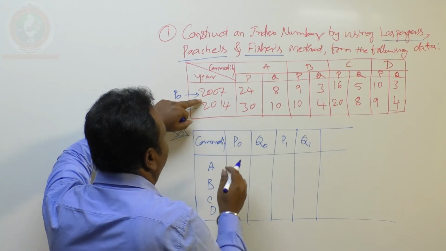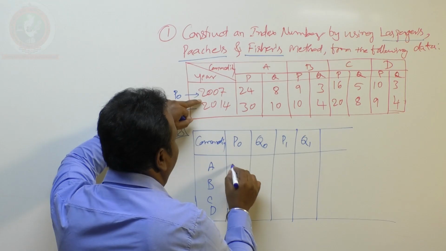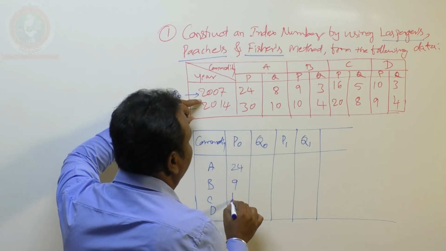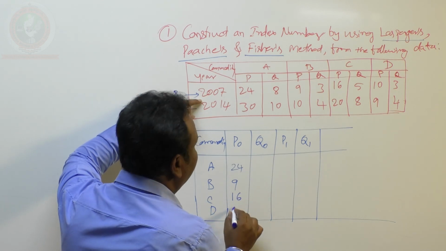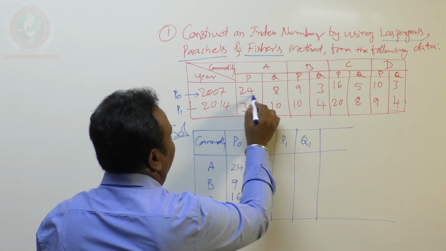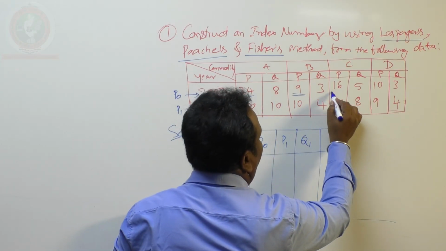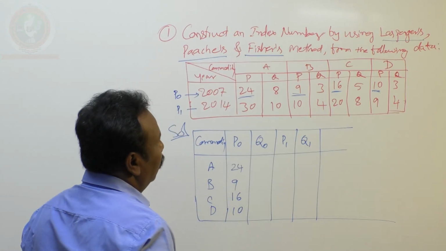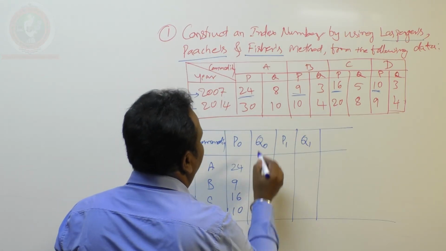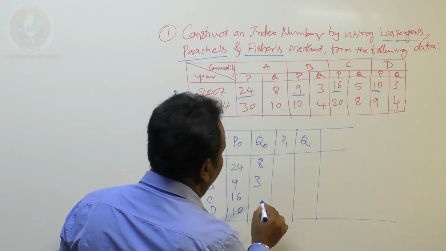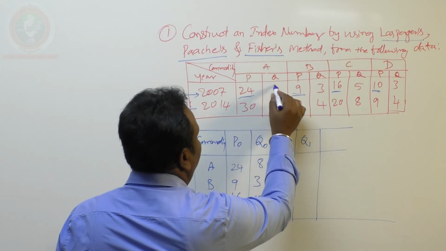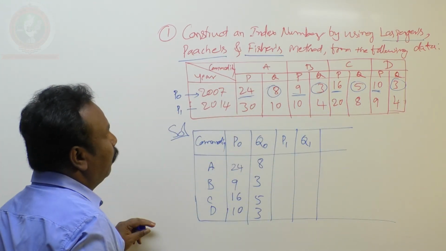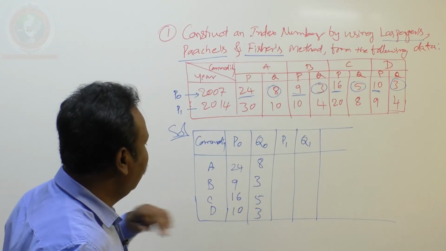For 2007, the base year, the prices are 24 for commodity A, 9 for B, 16 for C and 10 for D. The quantity for the base year is 8, 3, 5 and 3.